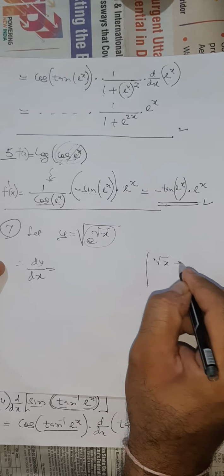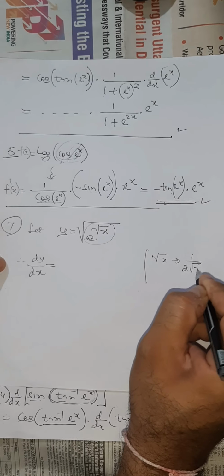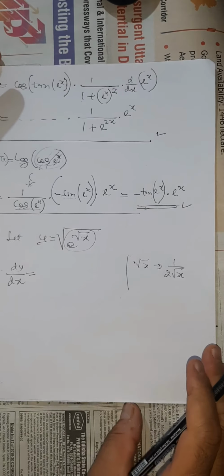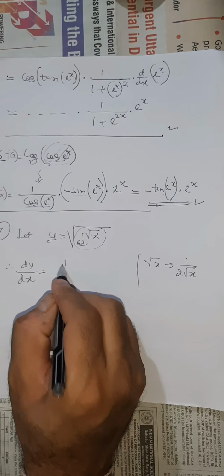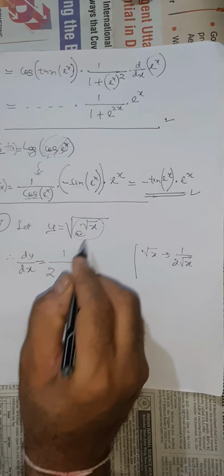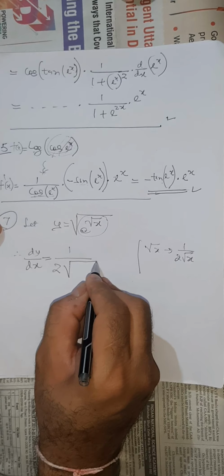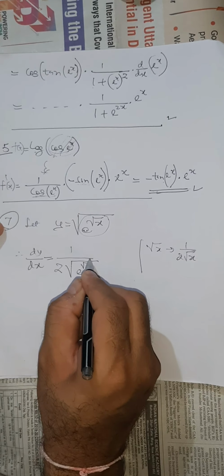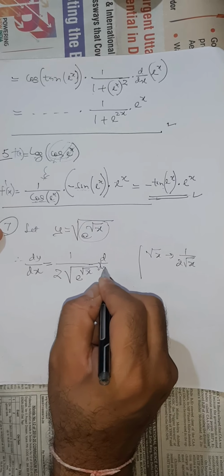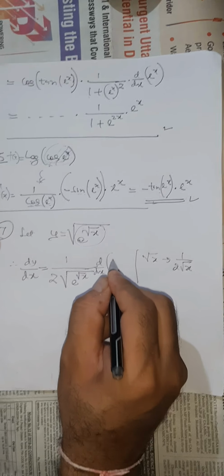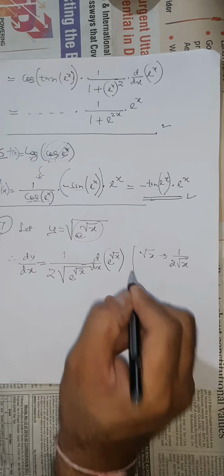The derivative of root x, you know, is 1 upon 2 root x. So here what I'll get is 1 upon 2 times that entire root expression, e raised to root x, into d by dx of e raised to root x.